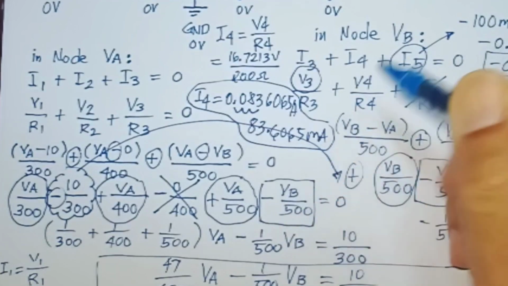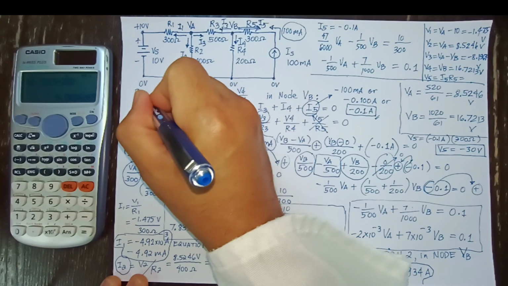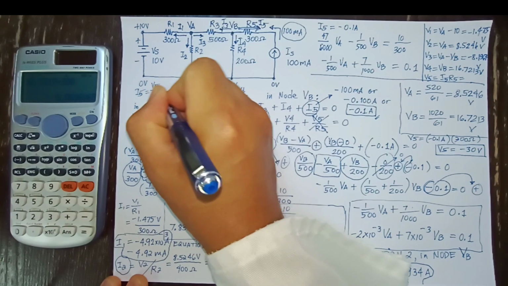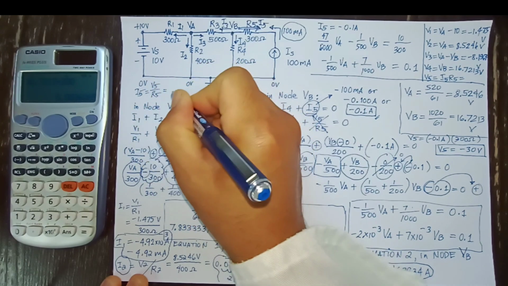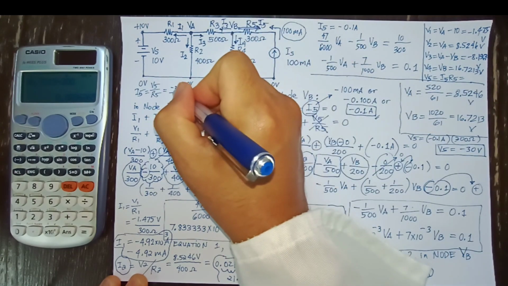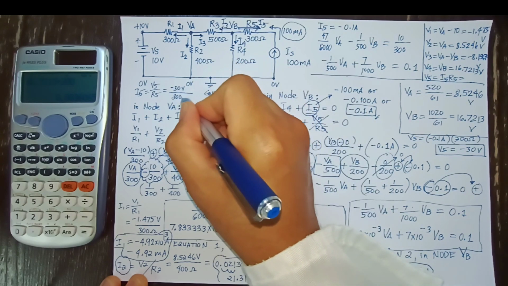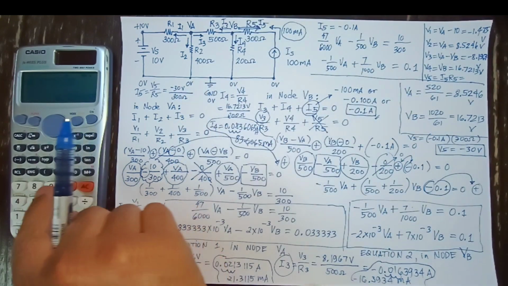And lastly, we have to take the I5. So I5 will be equal to V5 over R5. So let's write the value of V5, minus 30 volts over the R5, which is 300 ohms. And we will get the answer over here by the calculator.